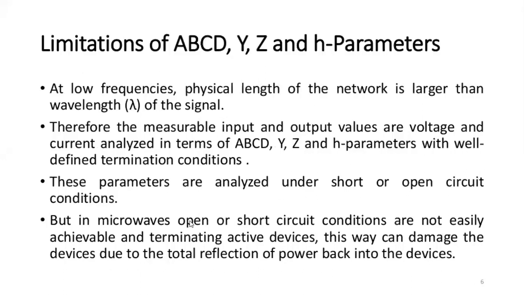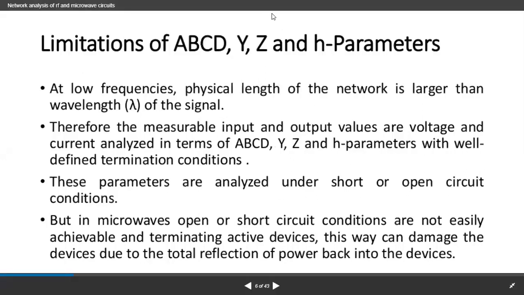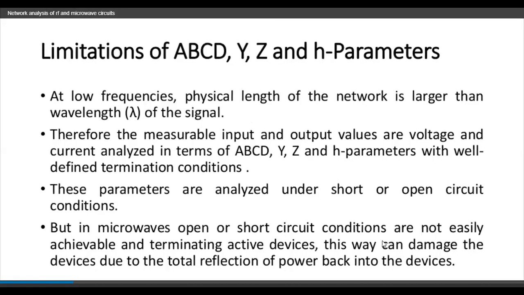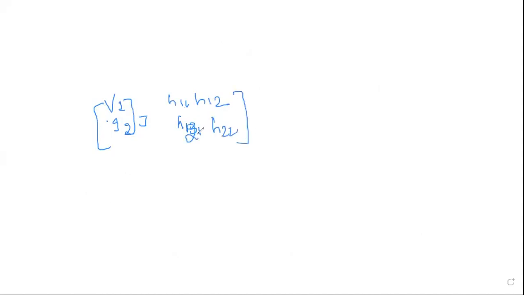In the H parameters, the equations will be with respect to voltage and current in such a way that V1 and I2 are equal to the matrix H11, H12, H21 and H22, again multiplied by I1 and V2. So this is for the hybrid parameters or H parameters.